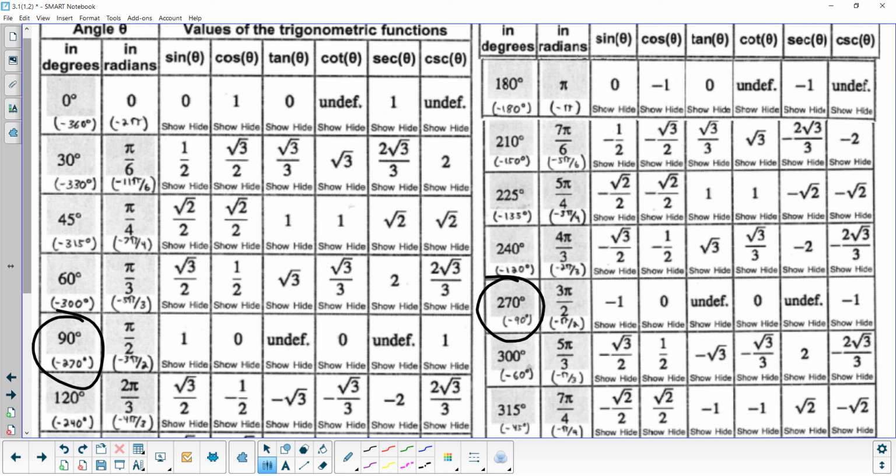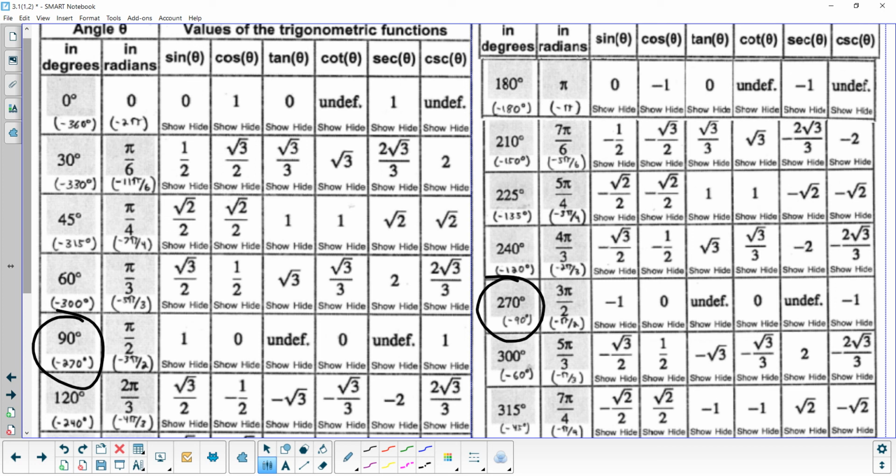Now, I thought I said earlier that as long as you're between negative 90 and 90, you'll only get one answer. Well, I see 90 and negative 90. So why are there 2 answers? What am I doing wrong? For cosine, isn't it 0 to 180? For cosine, it's 0 to 180.